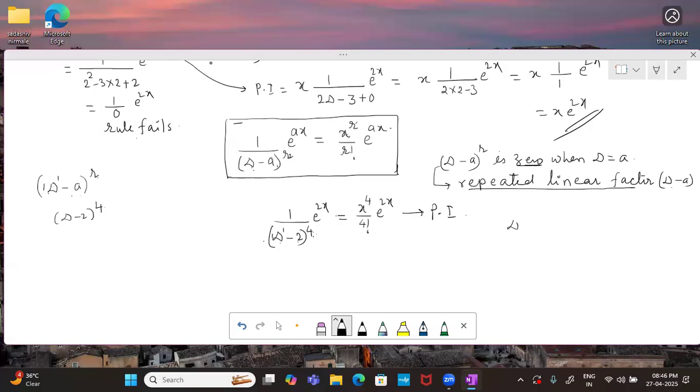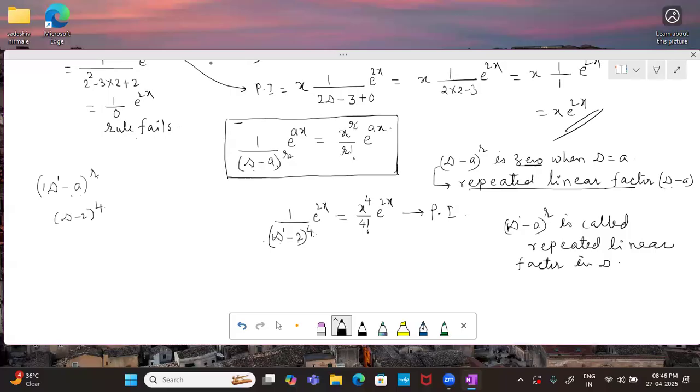D minus a raised to r is called a repeated linear factor in D, where power of D is 1 and multiple of D is also 1.